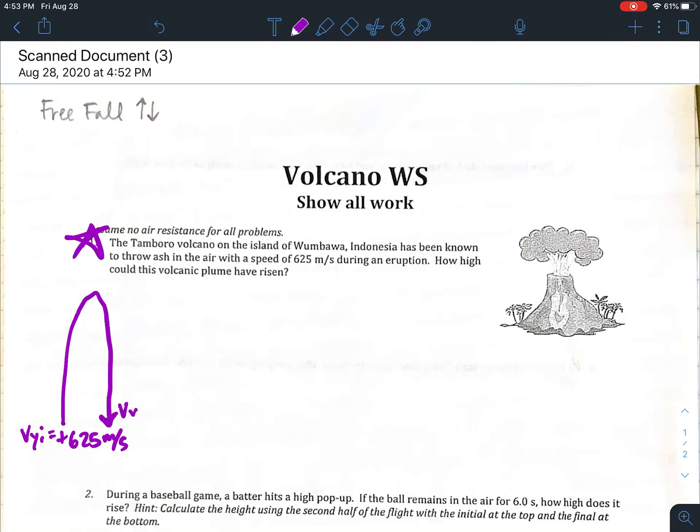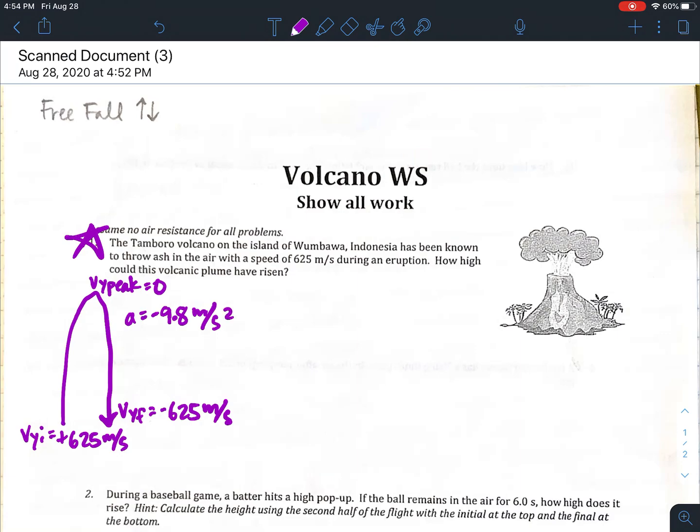Based on the idea of symmetry, we can assume that VYF is negative 625 meters per second. We can assume that Vy at the peak is equal to 0, and we know that A is negative 9.8 because this volcano is on the Earth.